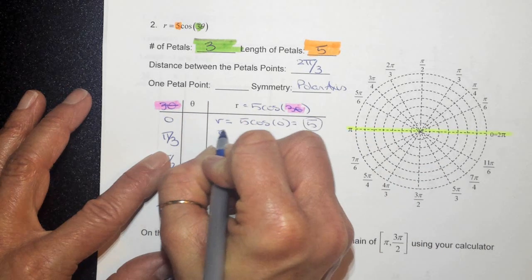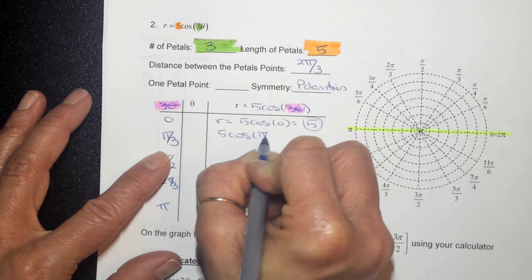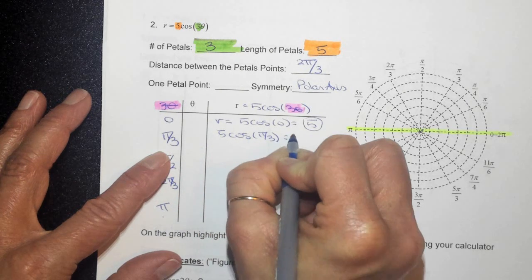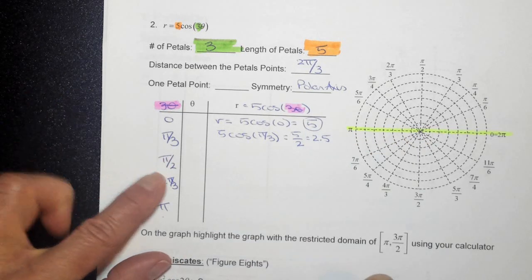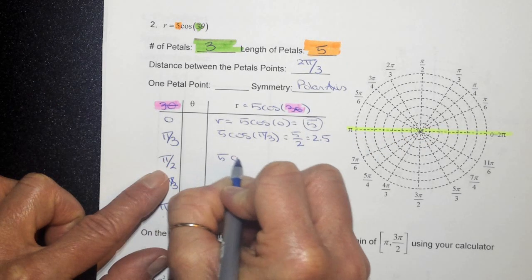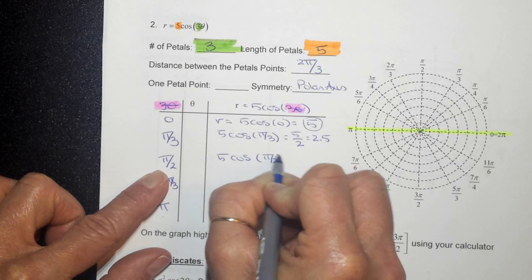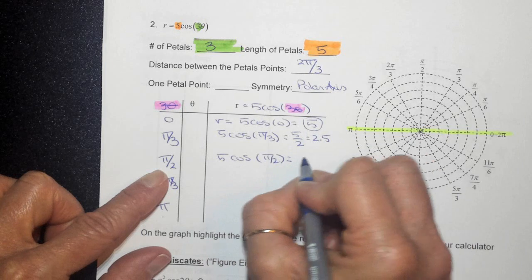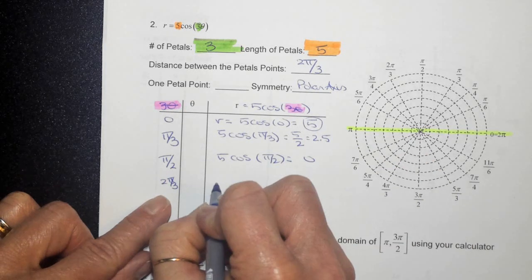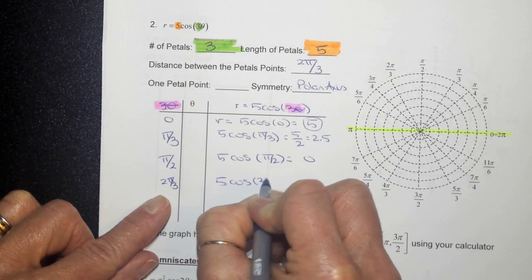Okay, so here we have 5 cosine of pi over 3, which means I have 5 halves. But to help me plot, we'll just say 2.5. 5 cosine of pi over 2. So that means I have 5 times 0, so this is just 0. 5 cosine of 2 pi over 3.